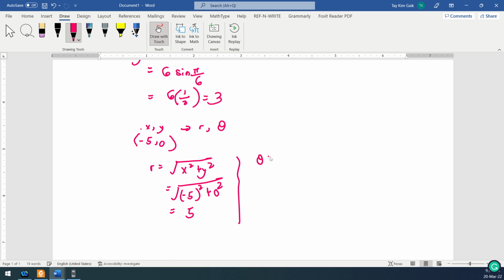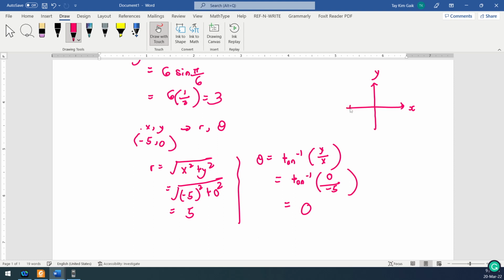Theta will be arctan of y divided by x, with y equal to 0, so it's 0. You can check the solution. This is x, this is y. x is negative 5, y is 0.